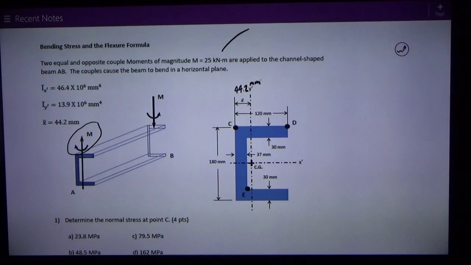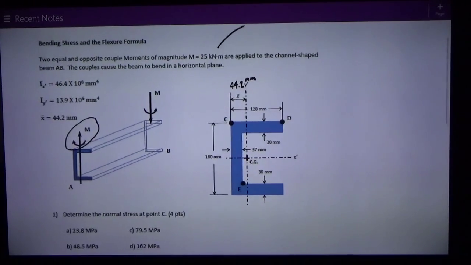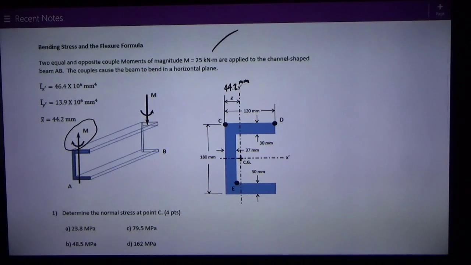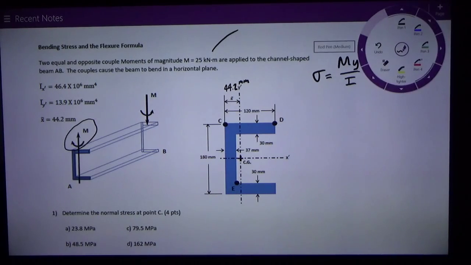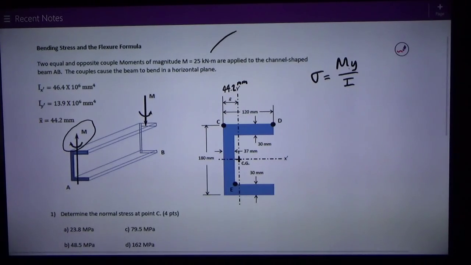So, the first problem we want to know is the normal stress at point C. If we're dealing with flexure, we're dealing with the formula of sigma, the bending stress, which for us is going to be megapascals or kilopascals, is My over I, where M is the bending moment and I is the moment of inertia that the bending is about.